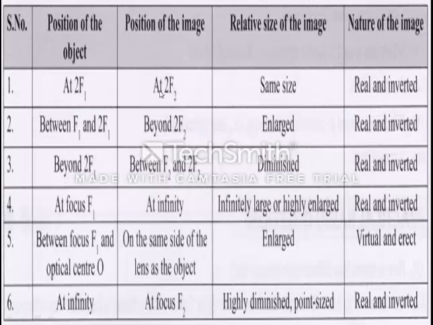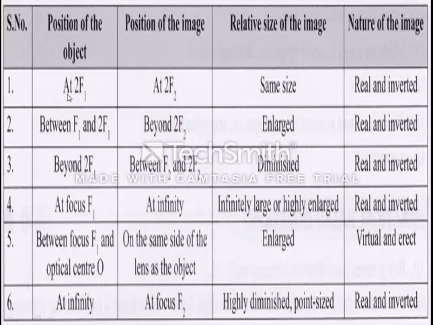Here we will see the position: when the object is at 2f1, the image will also be at 2f2, same size, nature real and inverted. Between f1 and 2f1, the image will be formed beyond 2f2, and the image will be enlarged, or you can say the image is magnified. Enlarged means magnified.